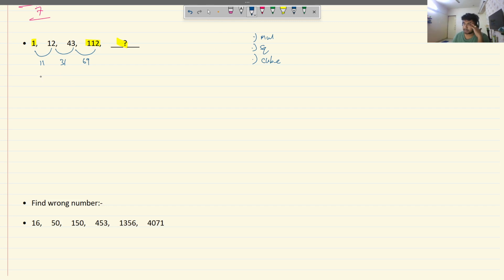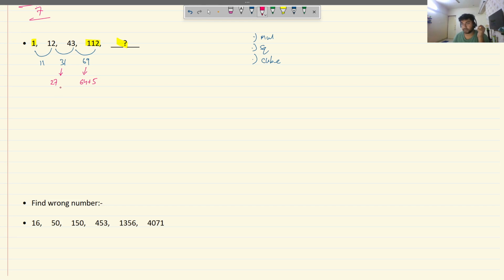Let's see in the terms of 69 is closer to my 64, which is a perfect cube, plus 5 will give me 69. 31 is closer to 27.